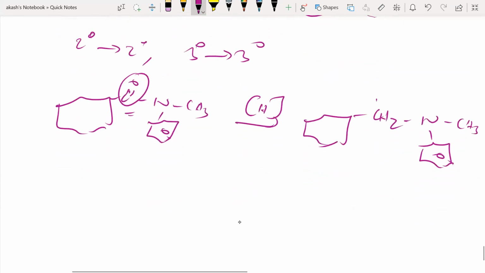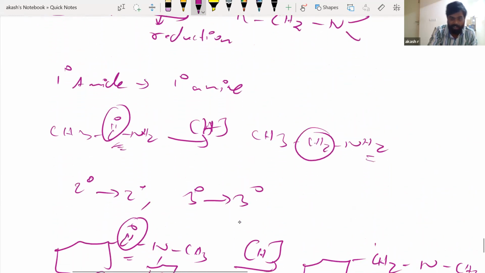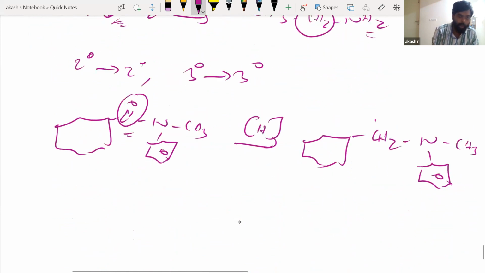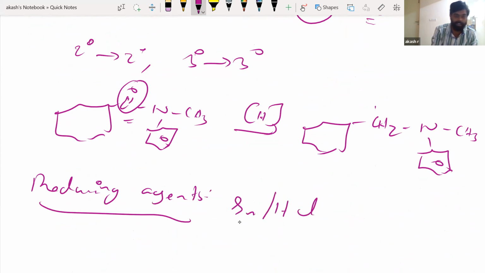Right. So now we just say reduction, but what exactly is going to be the reducing agent? We didn't see yet. So what are the reducing agents you can use? You can go for Sn/HCl, that is metal in the presence of HCl, or you can go for H2 in the presence of nickel, or you can go for a strong reducing agent like LiAlH4.